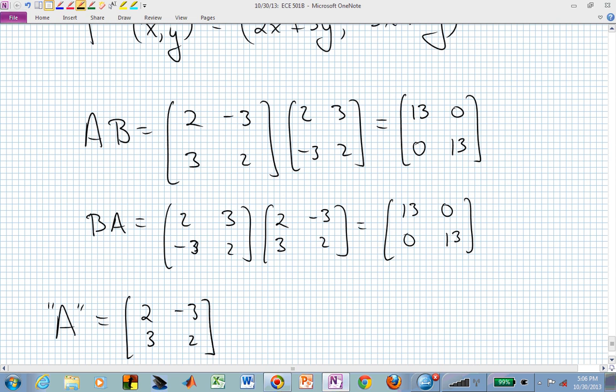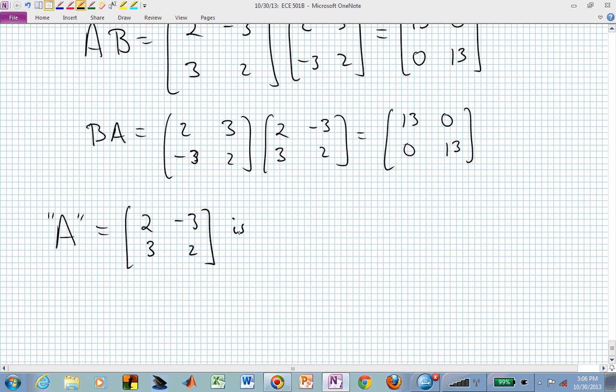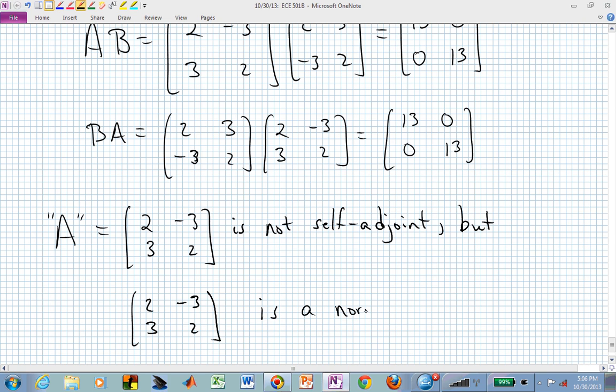But now A is this. That's not self-adjoint, is it? Is not self-adjoint, but 2 minus 3, 3, 2 is a normal operator.